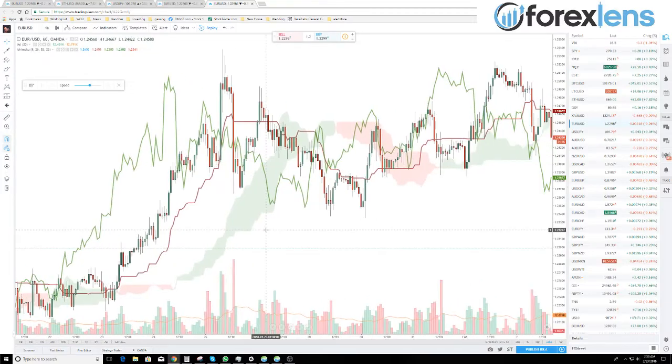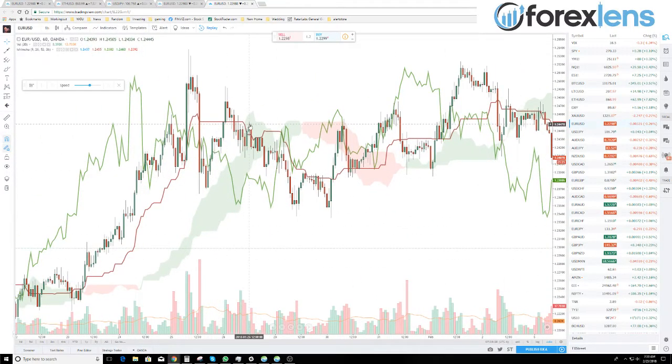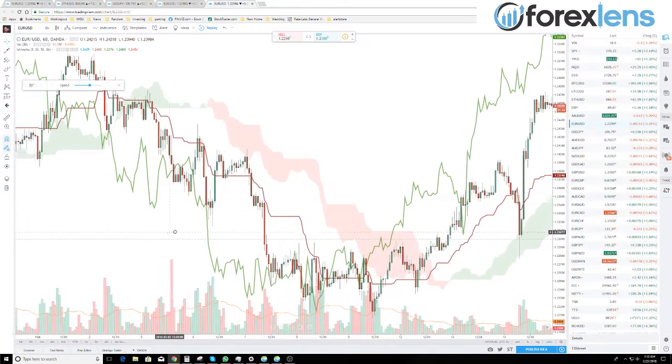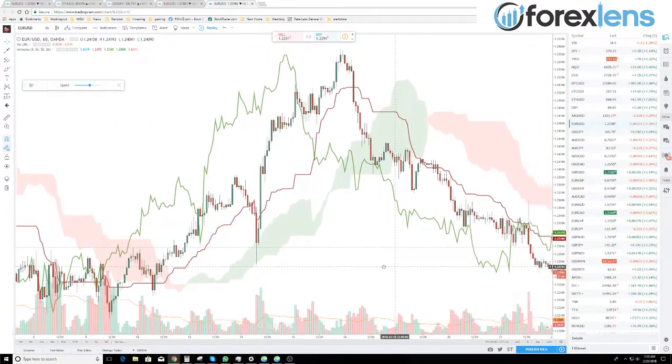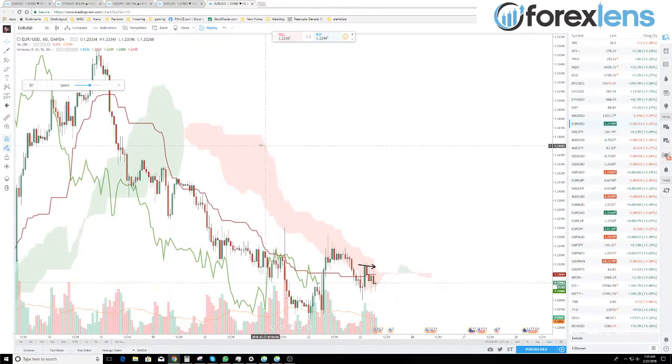And here's the other thing: when you're trading Ichimoku and you're going to go long or short on pullbacks, the thicker the cloud, the more probable the bounce off of it. The thinner it is, the less likely it is. We can kind of see that happening here.